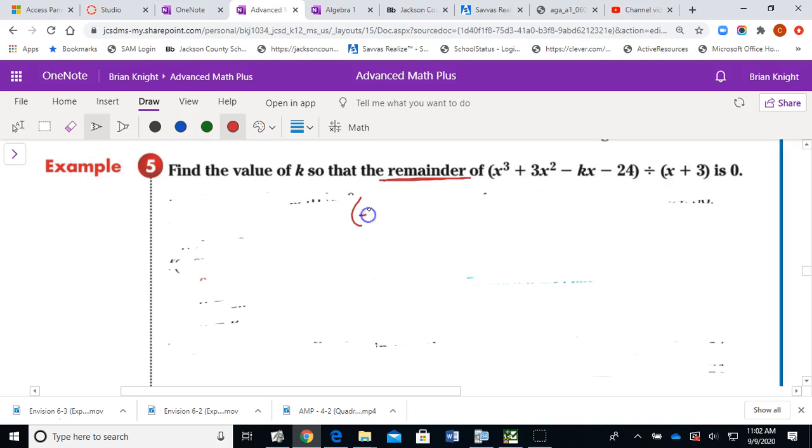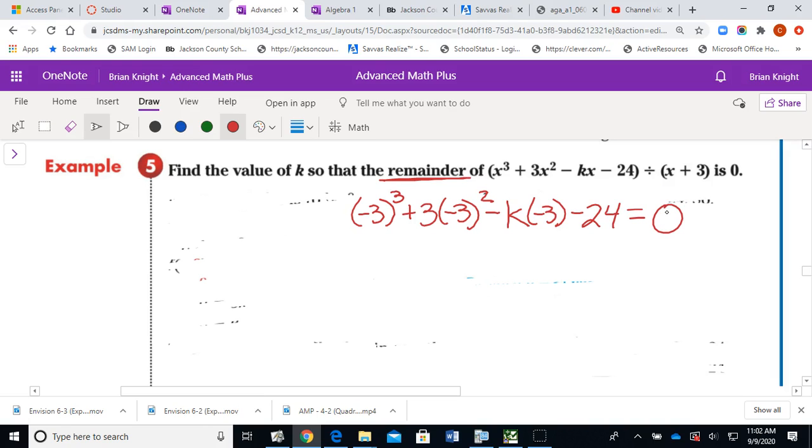So -3 cubed plus 3 times -3 squared minus k times -3 minus 24. And what does all that need to equal? 0, because my remainder needs to be 0, right?